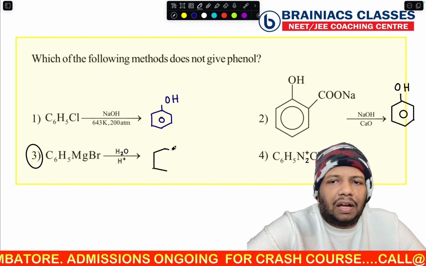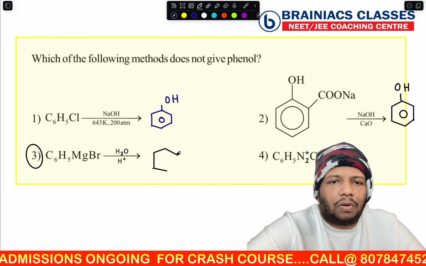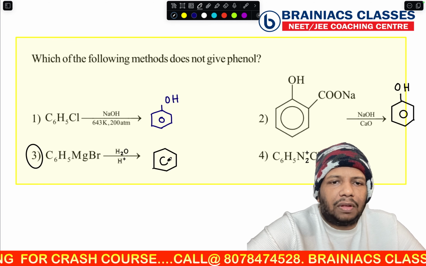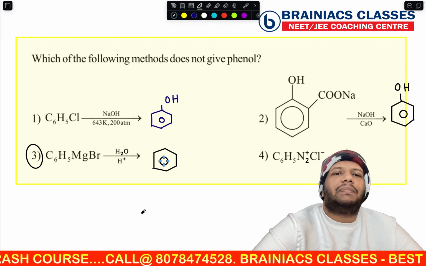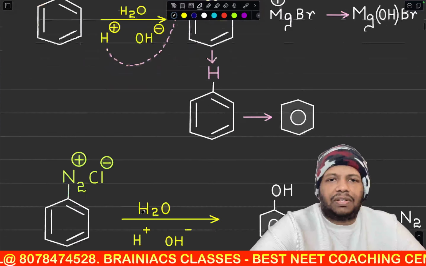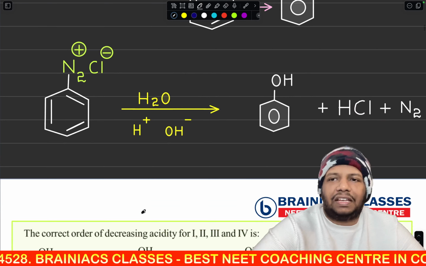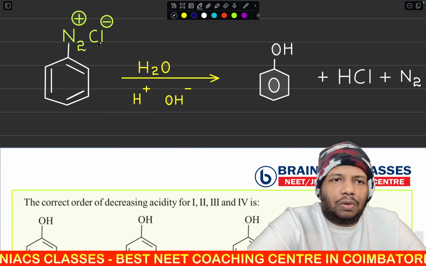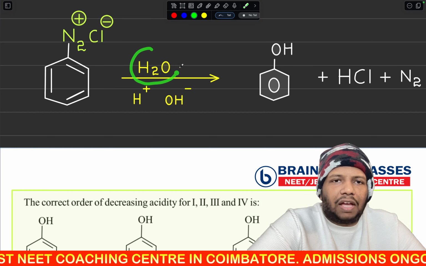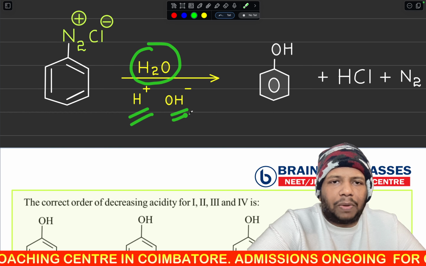Clear? We will also see option 4, how phenol is obtained from benzene diazonium chloride. Since it's a method of preparation, I thought of explaining it in detail. Here you have benzene diazonium chloride. What is happening when it is hydrolyzed? Here also you get H plus and OH minus.